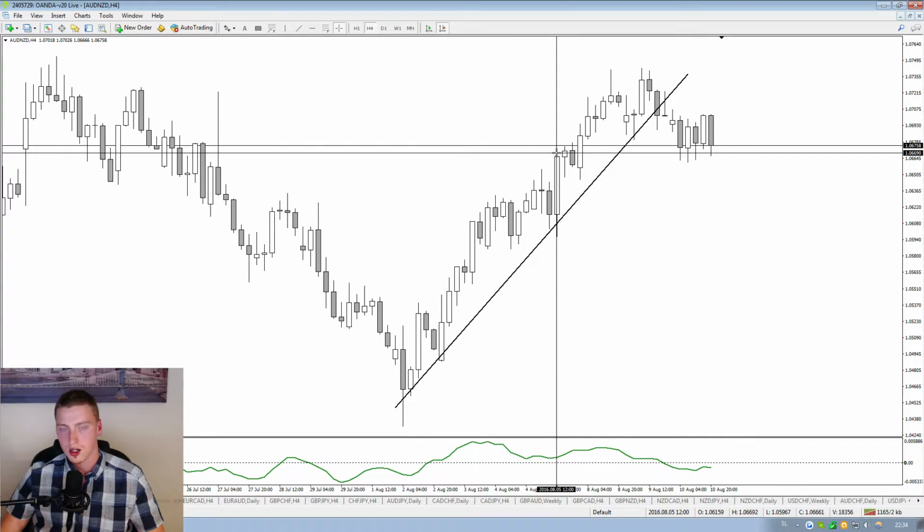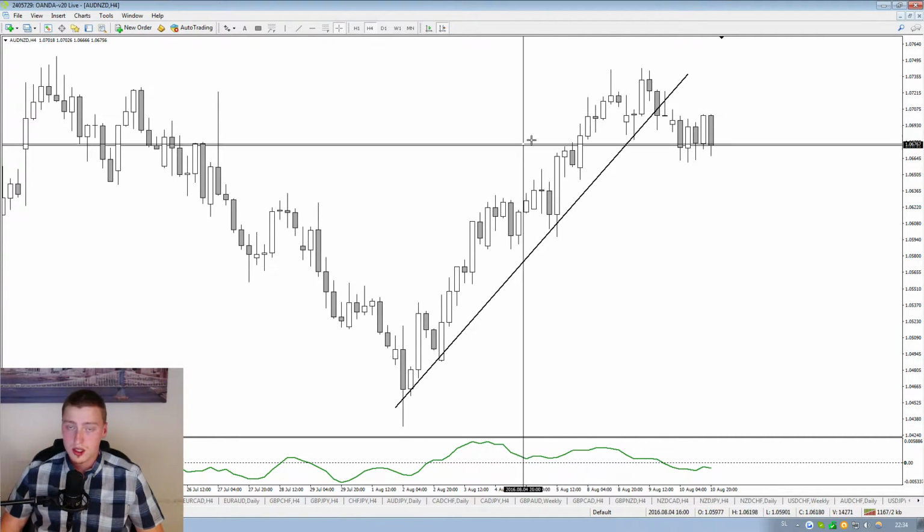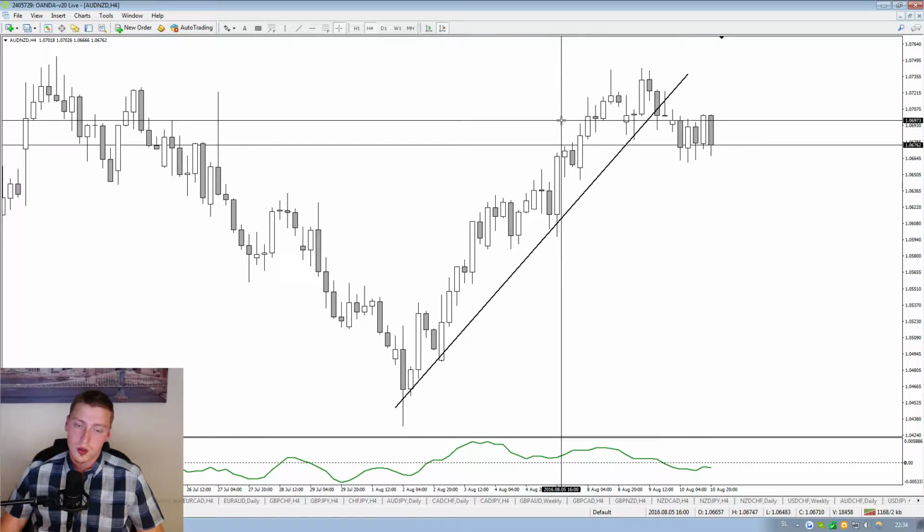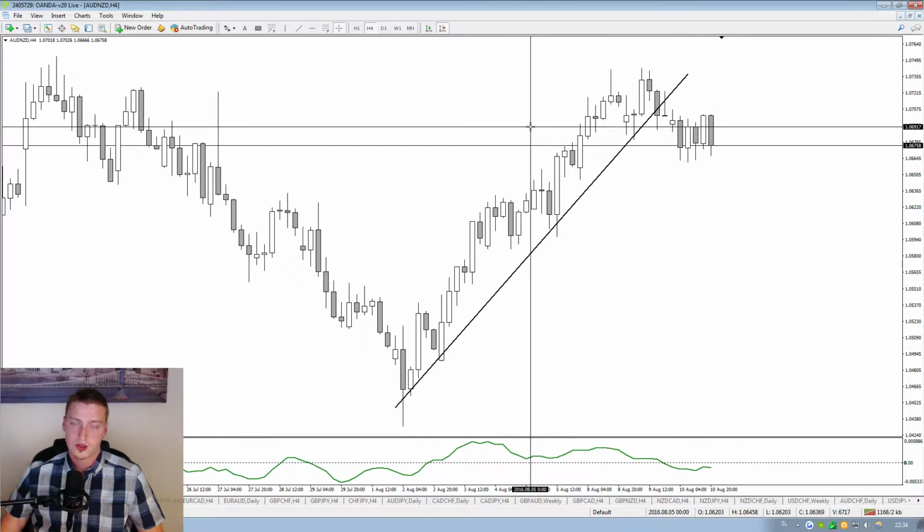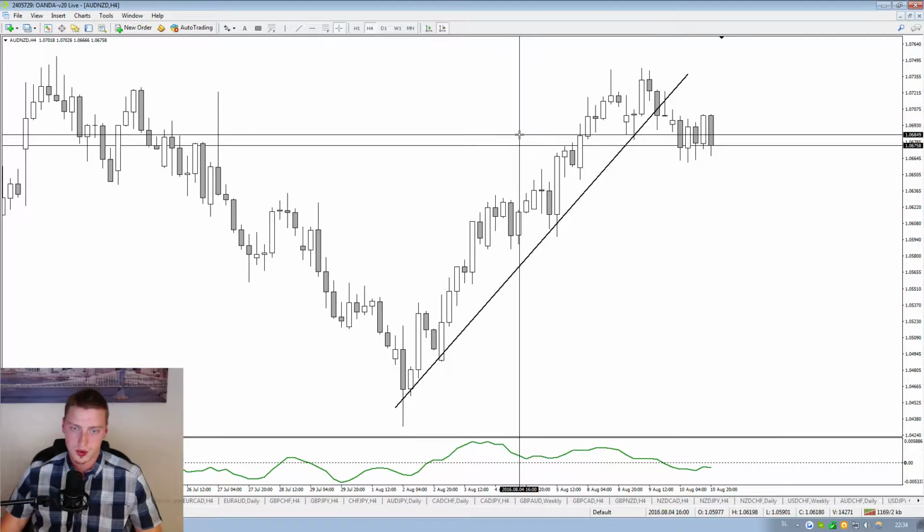This kind of movement shows a weakness of the bulls, or strong bears are getting stronger, or however.